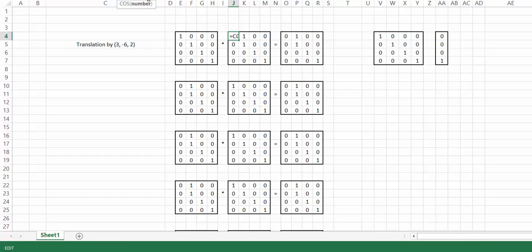I wonder if this is in radians. So we should do minus 30 times pi divided by 180.